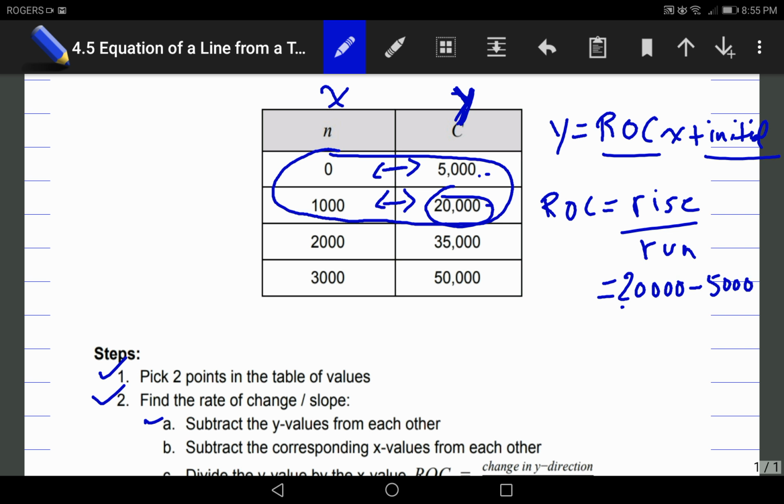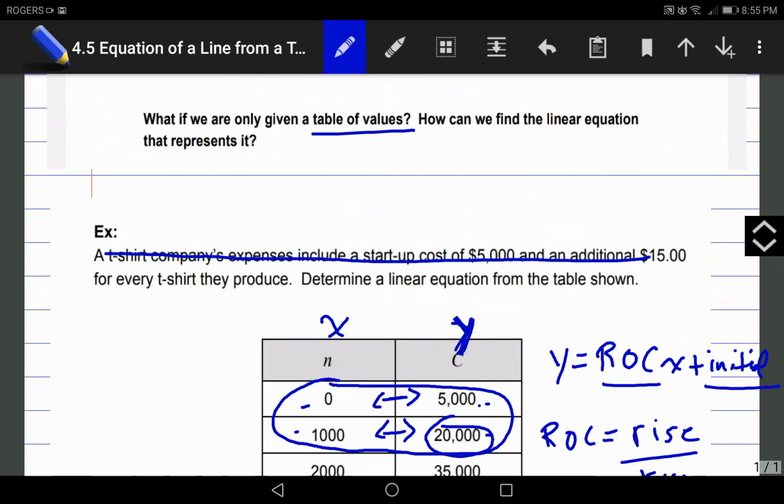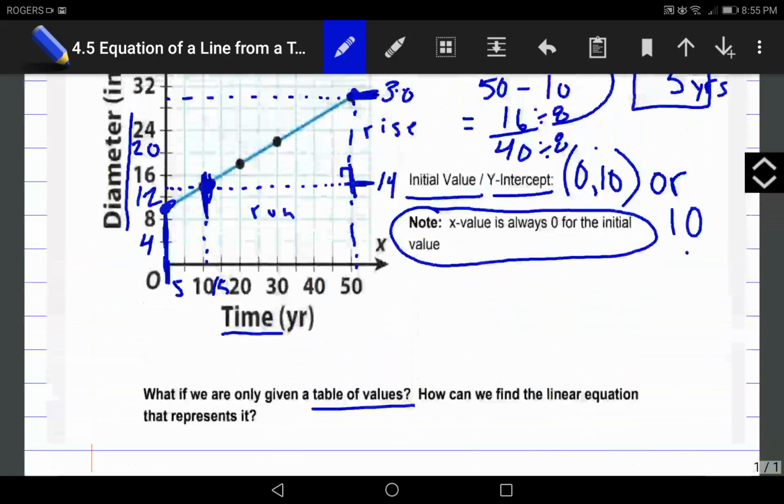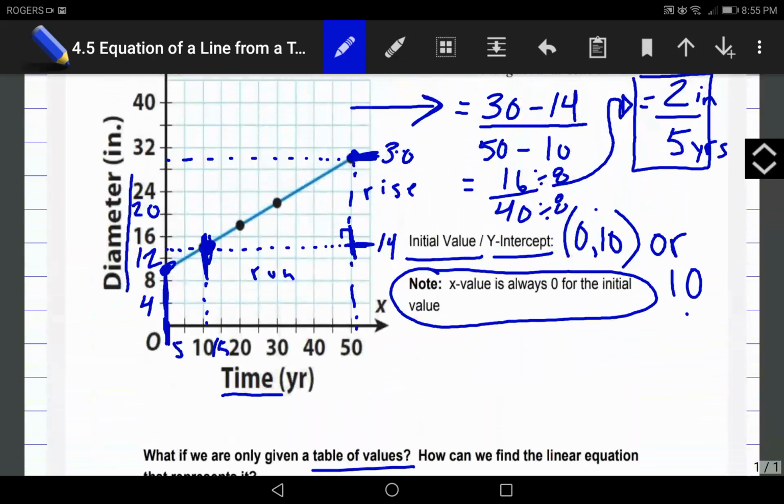Then for the run, we're going to subtract the x values here and here. Just like we did here in our graph, for the run we subtracted 50 minus 10, two x values.